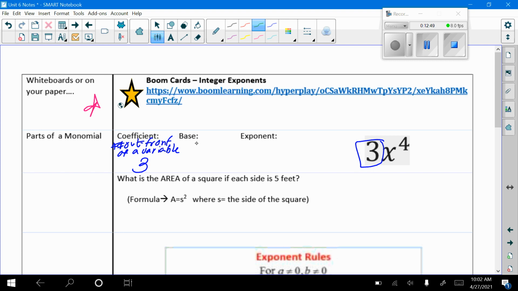The base is the value raised to a power. So in this case, it's the x, because x is being raised to 4. An exponent is the superscript value. Should I put a different color in there? Superscript. And that is going to be the 4.